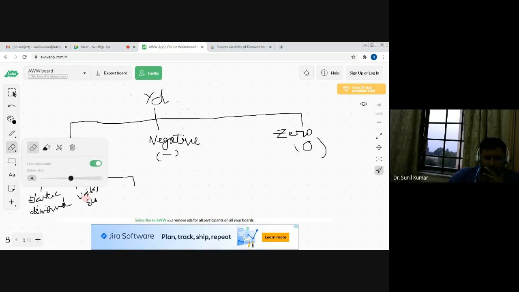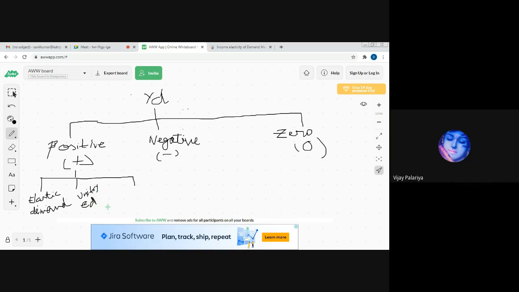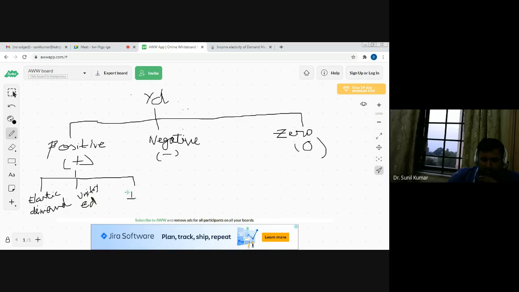Elasticity you have to write. So I'm writing elasticity of demand, ED. Okay, you write in full. And the third one is inelastic.